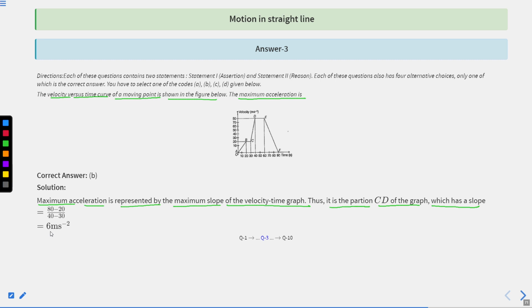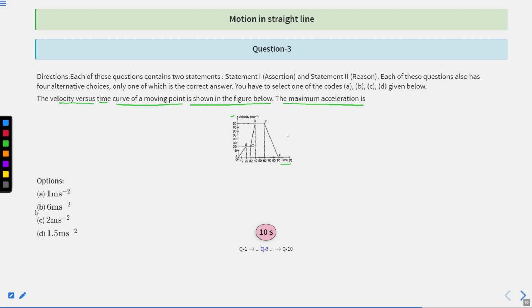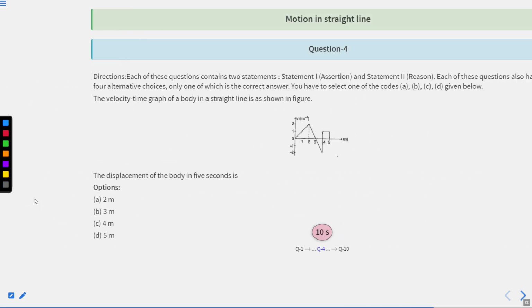Then the answer is 6 meter per second square. Clear? This is CD. This is the portion CD of the graph. So the correct answer is 6 meter per second square. Option B is correct. Clear? Next question.